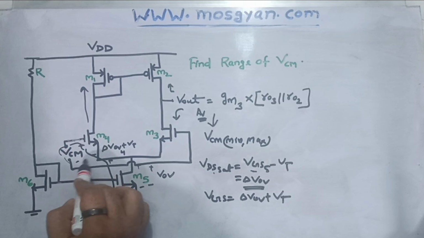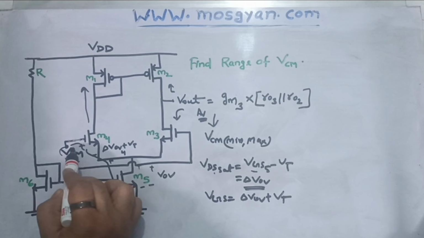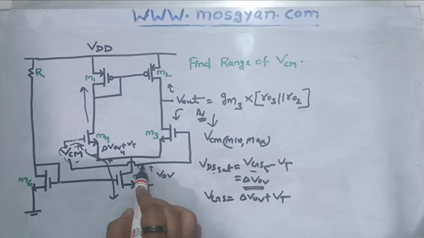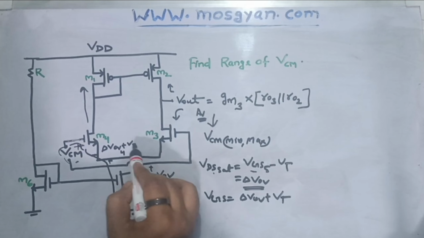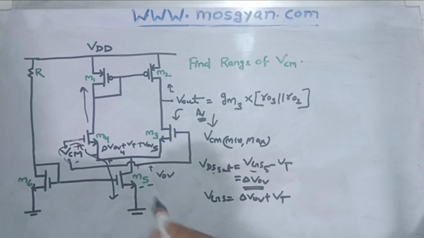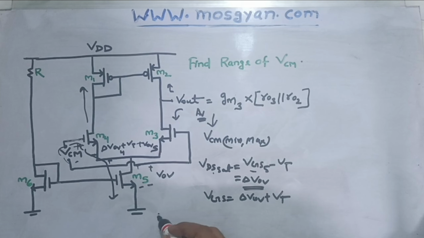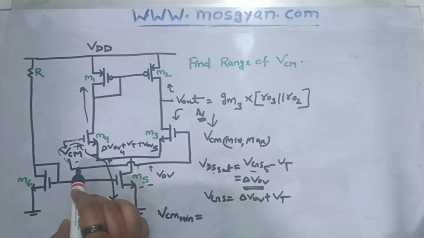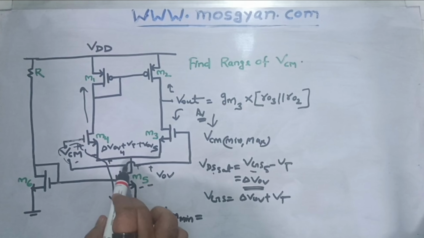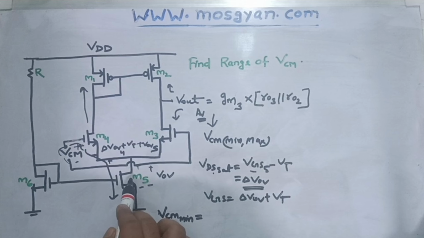So delta VOV of this MOS M4 plus VT would be the minimum VGS required for this MOS. Along with that, we also need to add VOV of this MOS, right? So the minimum common mode voltage which this op-amp can support would be equal to gate overdrive voltage of this MOS M4 plus VT and plus gate overdrive of this MOS M5.